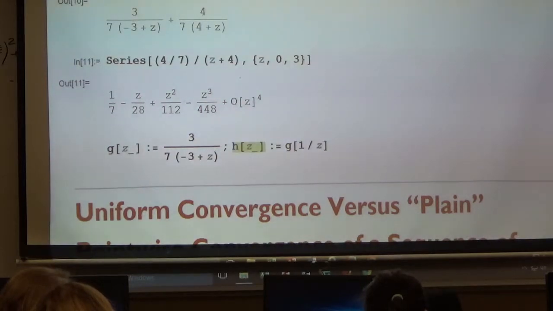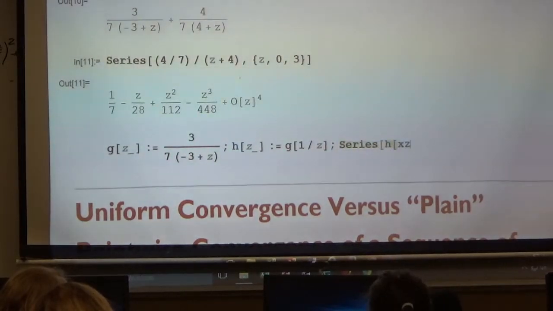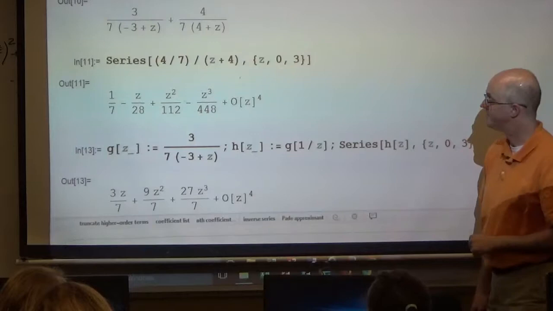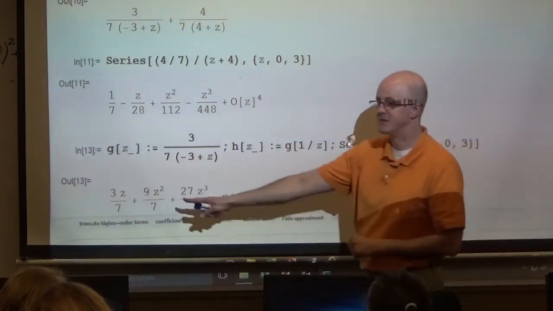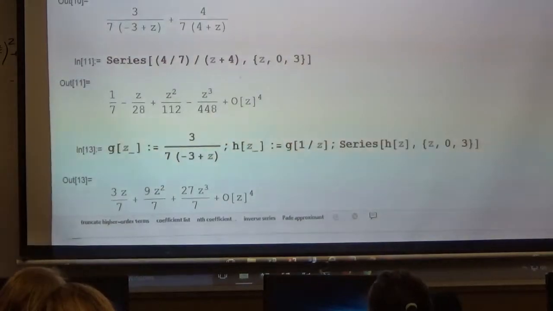This works when we're expanding about z equals 0. Let's find the series for h of z centered at 0. And the coefficients, 3 sevenths, 9 sevenths, 27 sevenths, are the exact same thing that I got here.